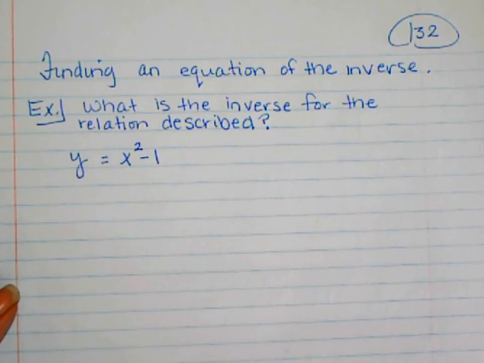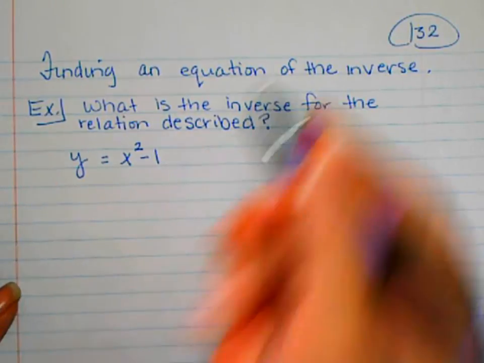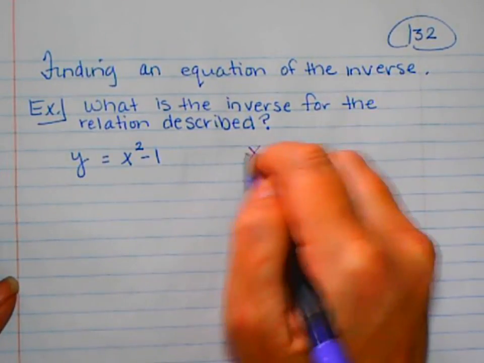So remember what we did before when you were given a table of values or a mapping diagram. To find the inverse, what was your domain became your range, and what was your range became your domain. You flipped your x and your y. Am I right? So that's the same thing we're going to do in the equation. We're going to flip the x and the y. Of course, we're going to write that down.